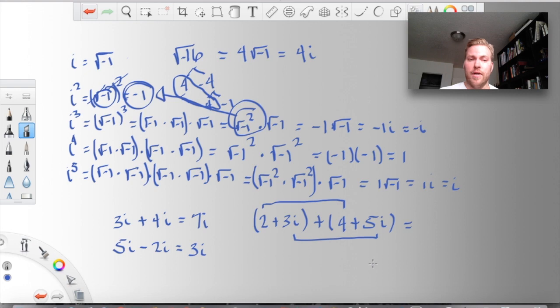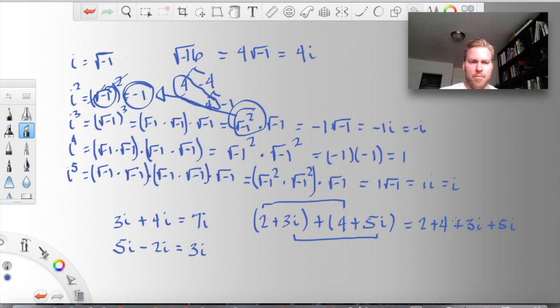And because addition is associative, we can actually group those like terms together and rewrite this now as 2 plus 4, my real number parts of the complex number, and then add to that, of course, my imaginary components, which are the 3i plus 5i. And then this is going to be handled just like anything else, right?